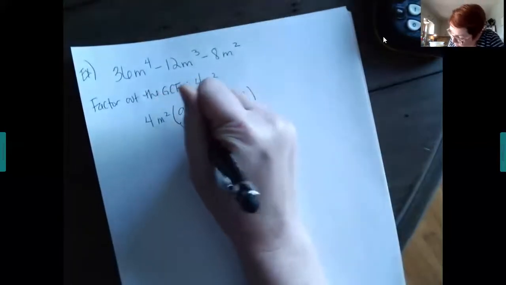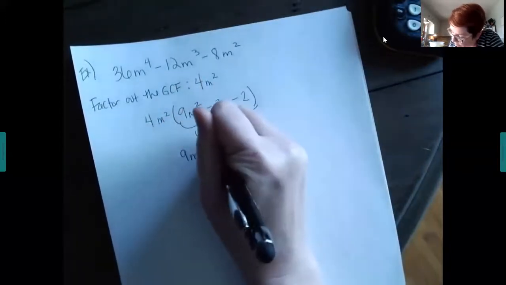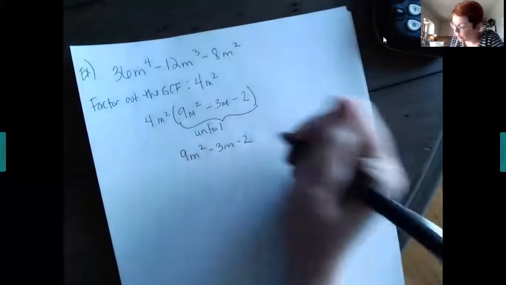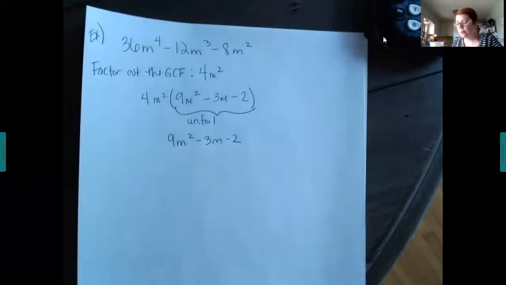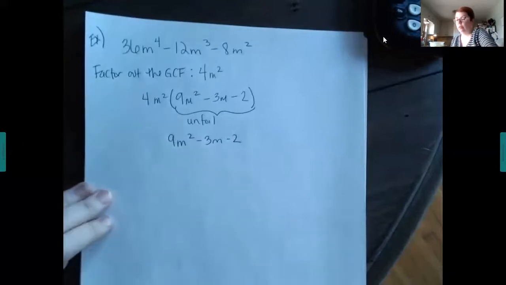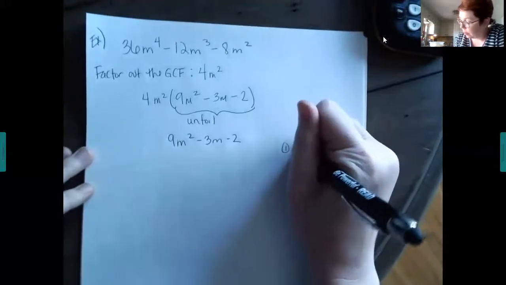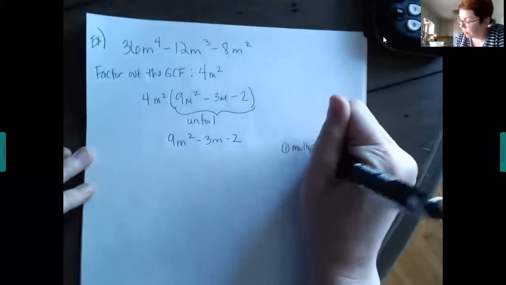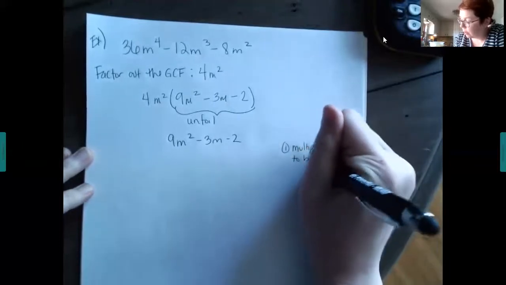So we're going to unfoil this right here. Okay, so this has a 9 in front. So that's what we're going to move to the back. So our first step again, multiply leading coefficient to back number.